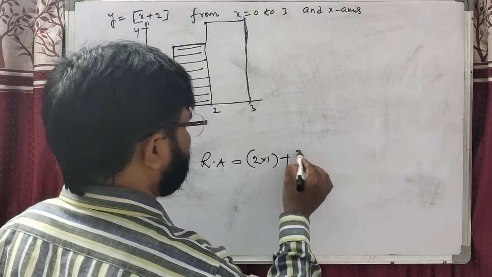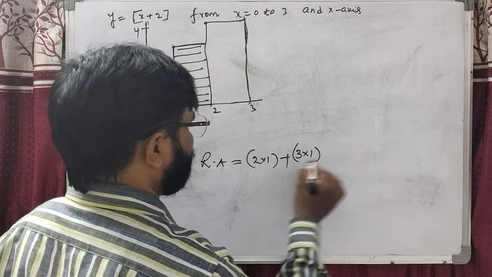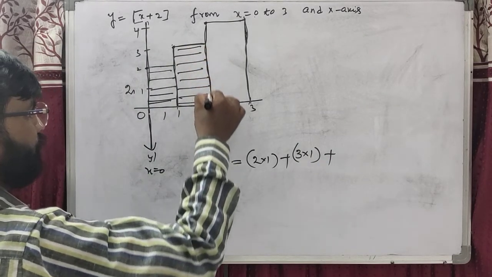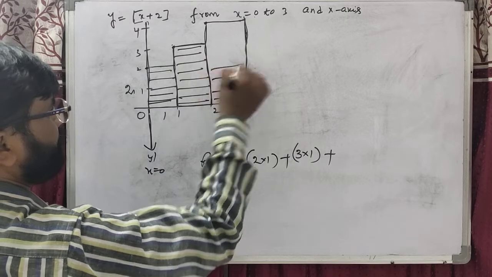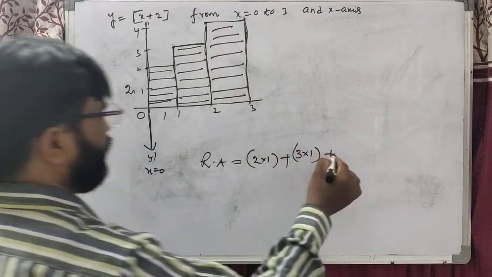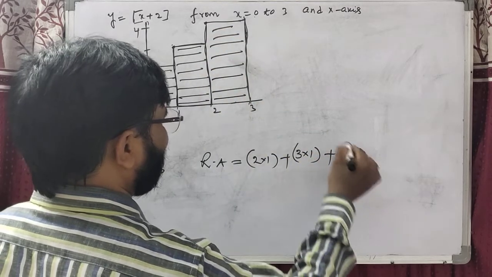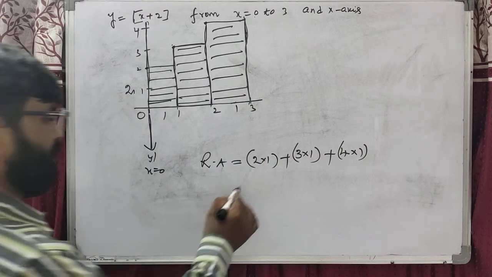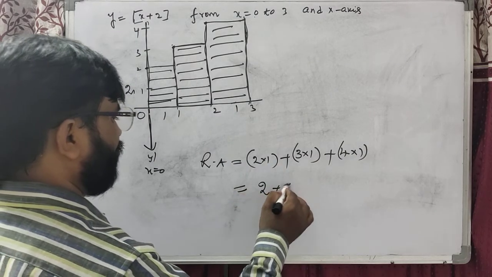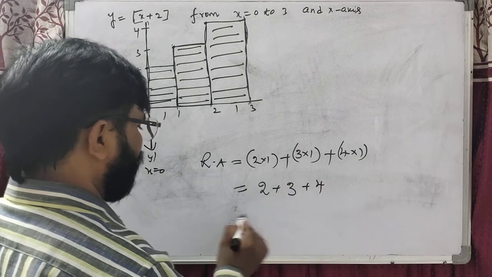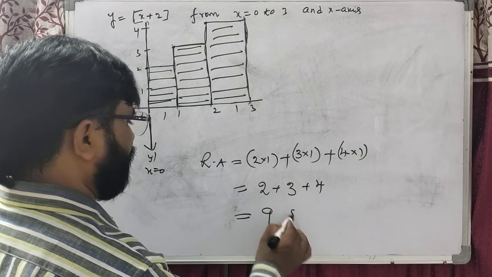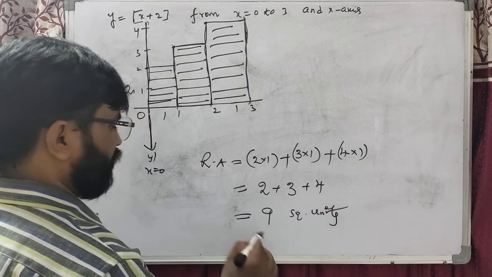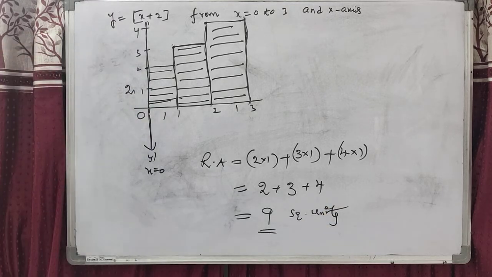Now the height is 4 and the base is also 1, so 4 into 1. Yes, students, we get 2 into 1, 3 into 1, 4 into 1. Now the required area is 9 square units. Okay students, 9 square units.